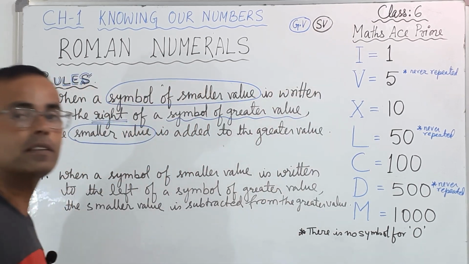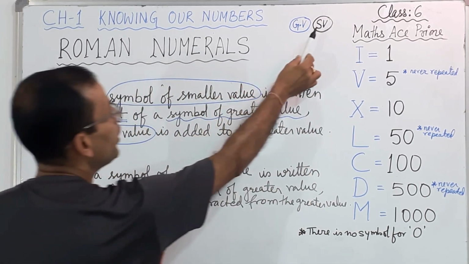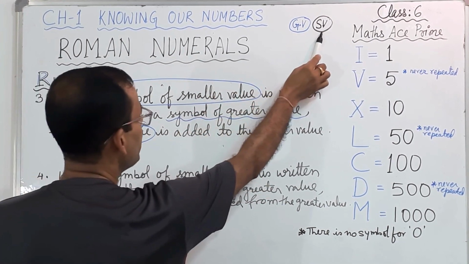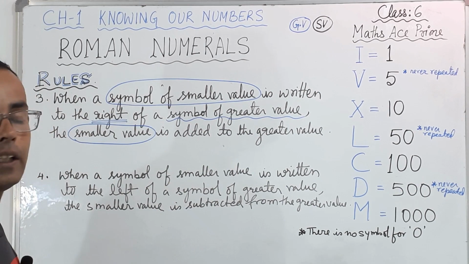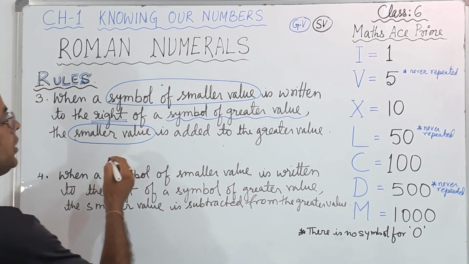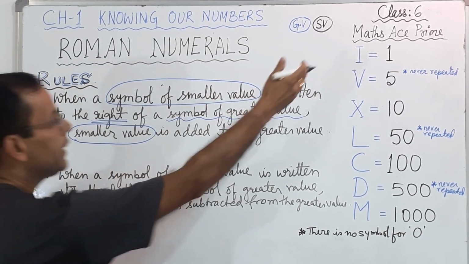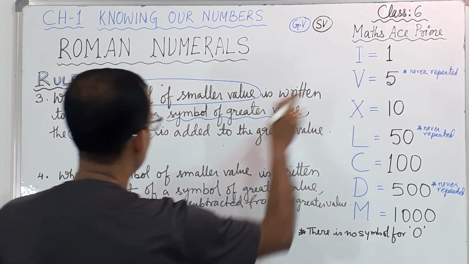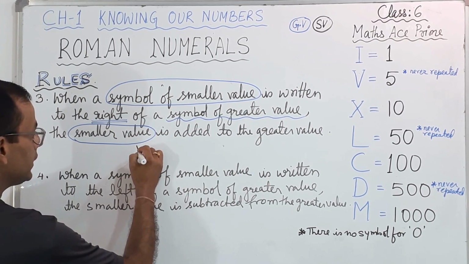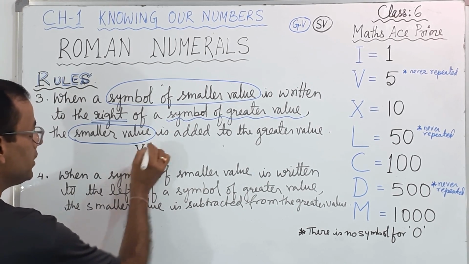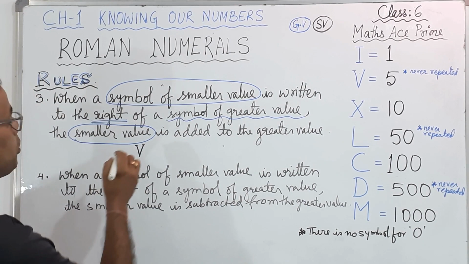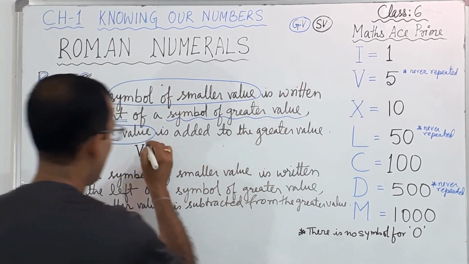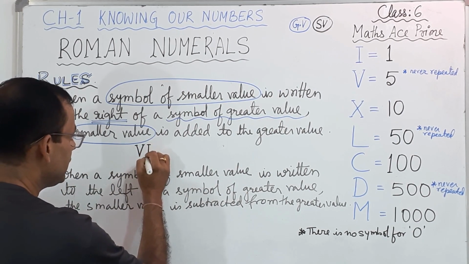Then what it means is that when we put a smaller value on the right side of the greater value, this smaller value will be added to the greater value. So how will we do it? Suppose I take V as the greater value. V is 5, and smaller than that is I, so I will write it here like this.